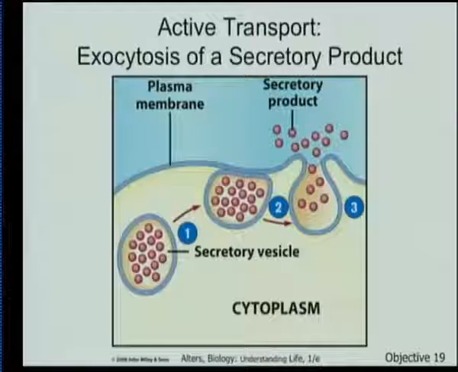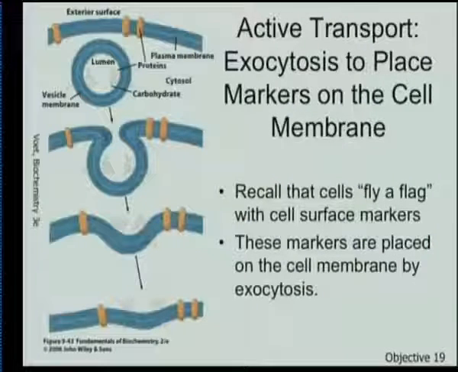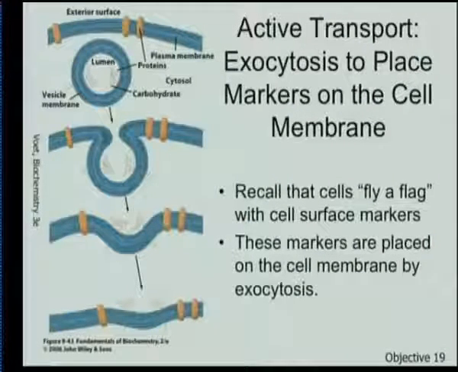So there are products of that cell that we excrete outside the cell. And so this is just showing the type of exocytosis where this is a normal substance that we need outside and it's being excreted to outside. Now this is another way that we throw cell identity markers onto the cell membrane.